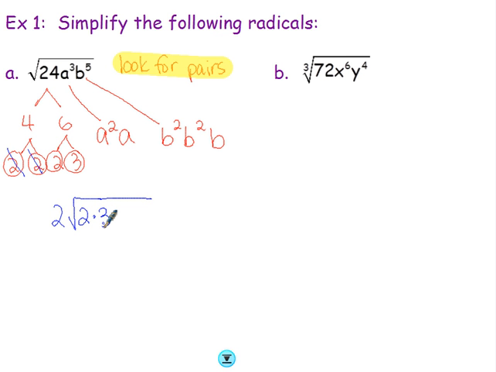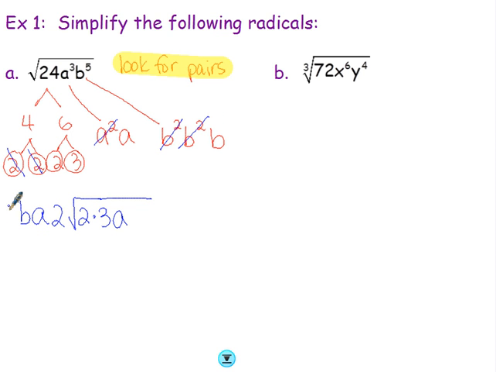Now the variables, the A squared is a pair. When I cross it off, 1 A gets to come outside. 1 A is left inside. The B's, that's a pair that I crossed off. 1 B gets to come outside. The next B squared is also a pair.